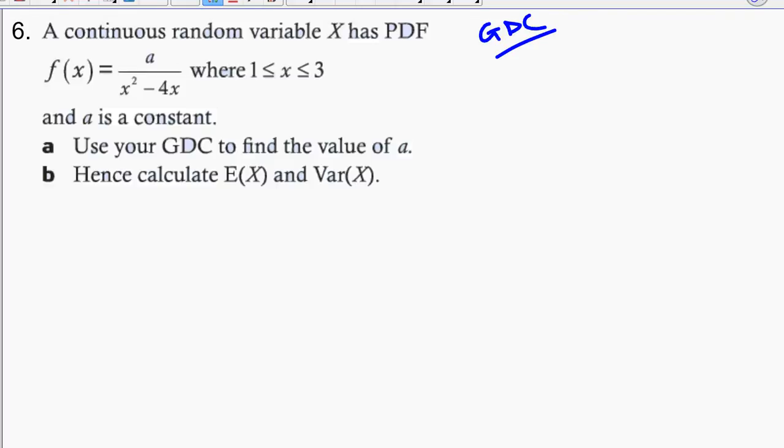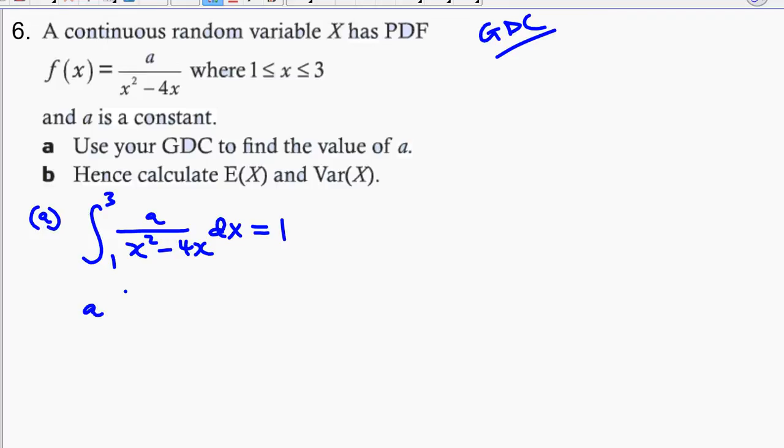So, the first thing that you're going to do here is, we know that the area under the curve of this PDF, or probability density function, will be equal to 1.